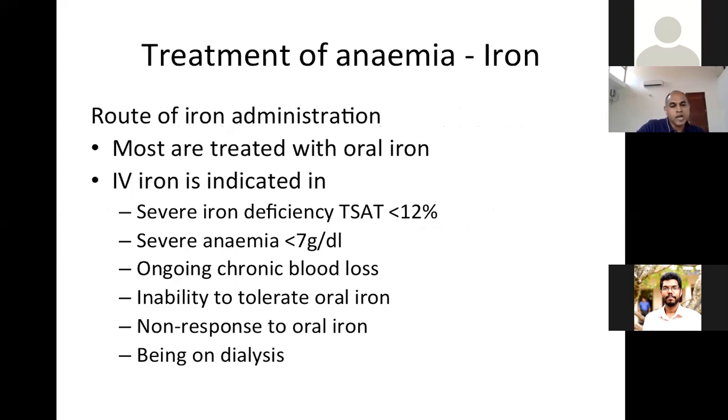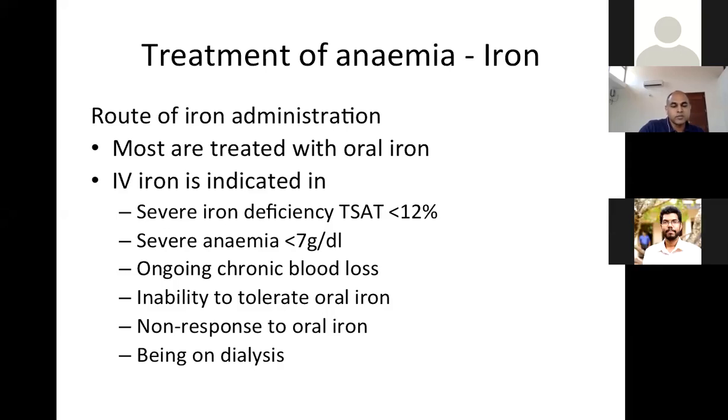And if somebody is unable to tolerate oral iron, as you know, oral iron can be associated with a lot of gastric side effects. So sometimes it's difficult for them to tolerate the drug. So therefore, you have to use IV iron. And sometimes they don't respond to oral iron. So that is another indication to start IV iron.